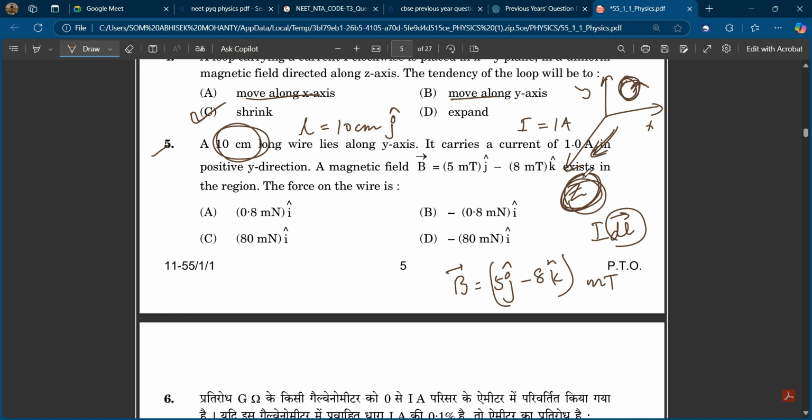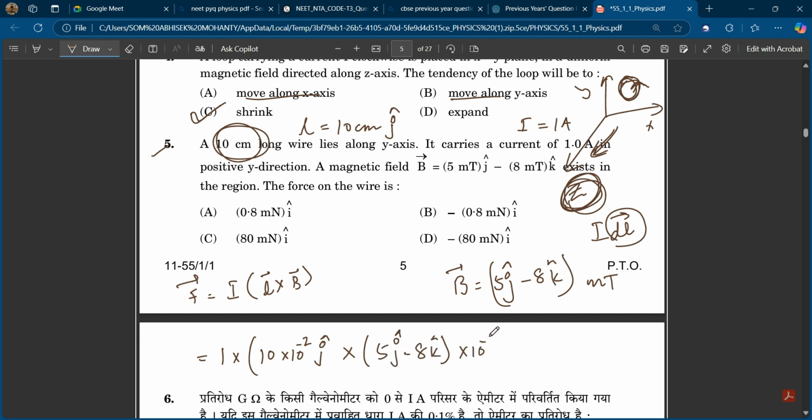You can take it out if you are confused. Force on the wire, very simple. F is equal to I L cross B. Correct? So I is 1 ampere into L cross B. So cross product will be there: 10 into 10 to the minus 2 j cap cross 5 j cap minus 8 k cap, and this is 10 to the minus 3 milli.